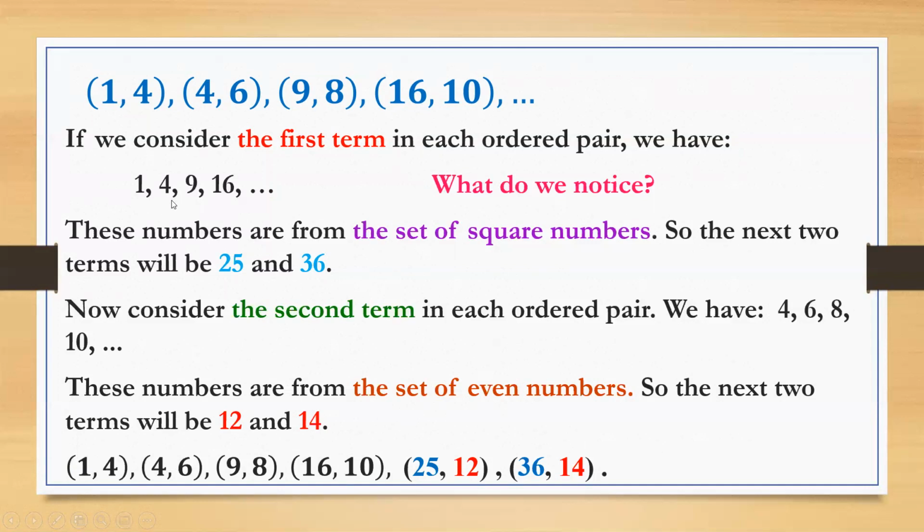So the first terms are 1, 4, 9, 16, and we will have 25, 36. But the second term in each ordered pair is 4, 6, 8, 10, so we will have 12 and 14.